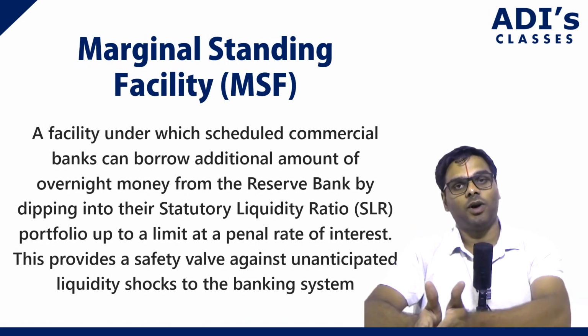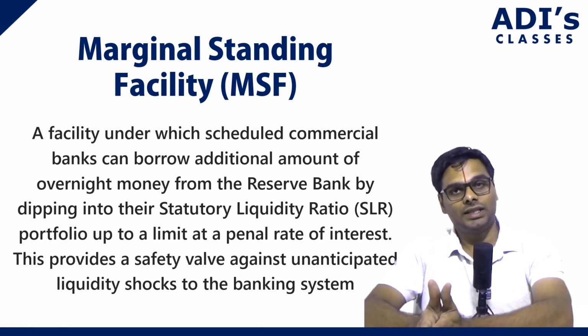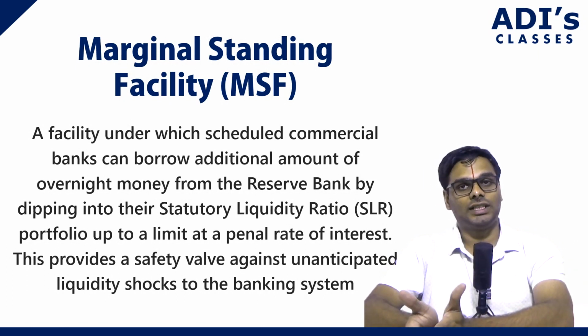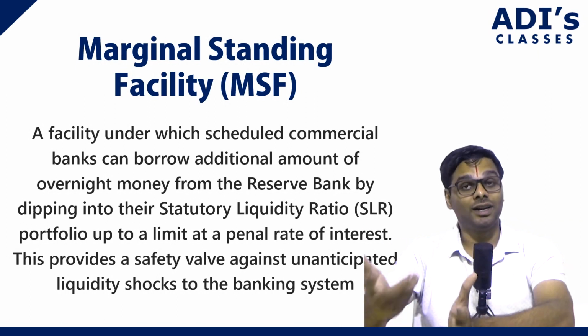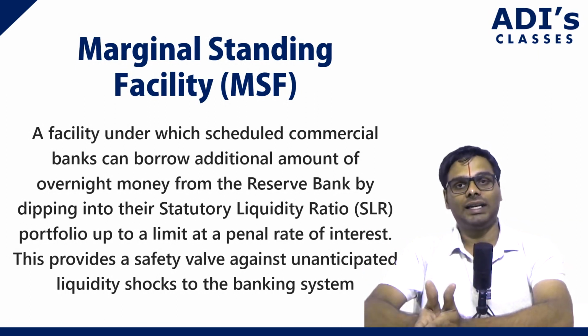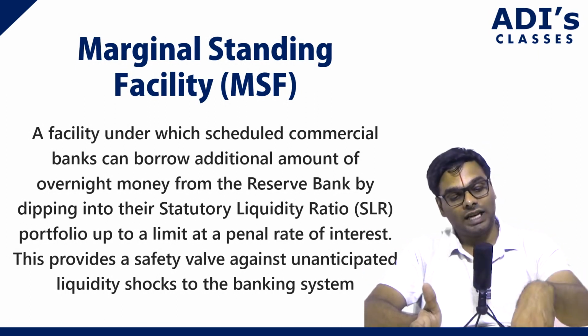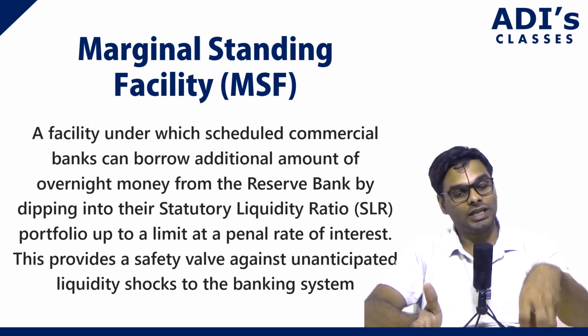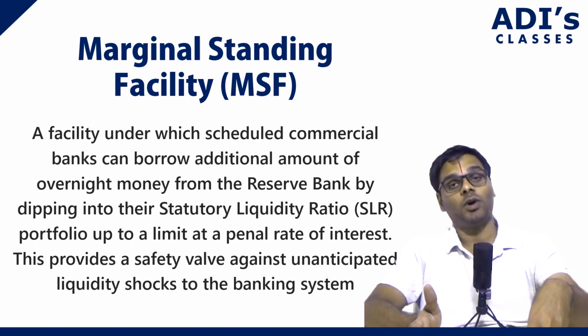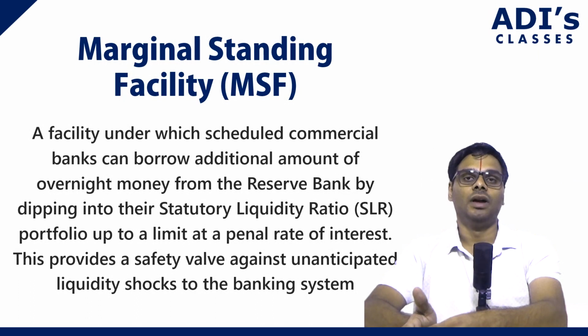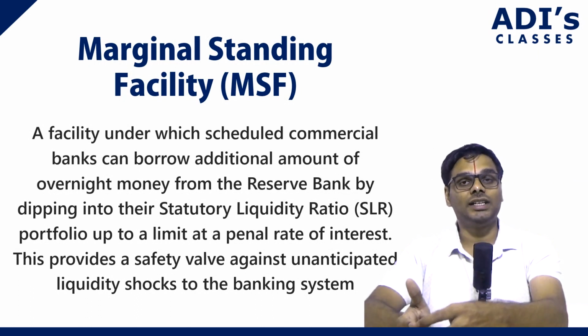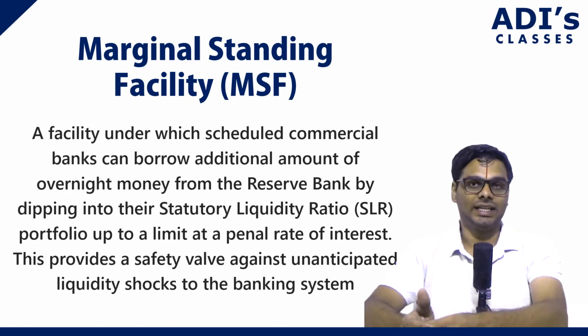Now, even after borrowing from the RBI at the repo rate, if the total funds necessary for bank A are not sufficient, then bank A will dip into its statutory liquidity ratio portfolio that is kept with the RBI and borrow more funds to meet its overnight liquidity necessities.